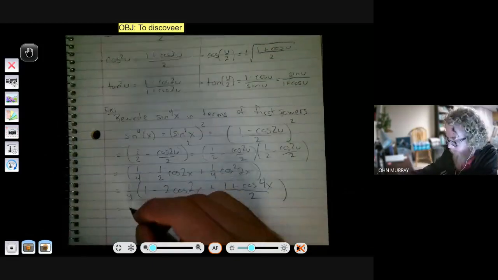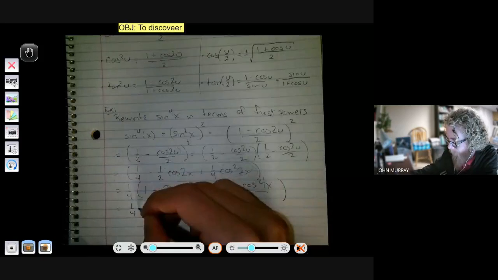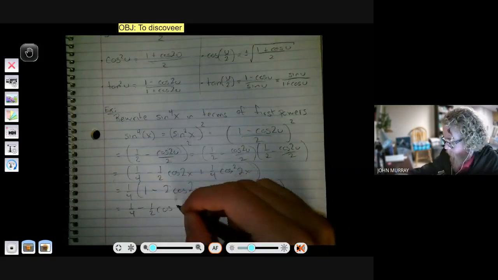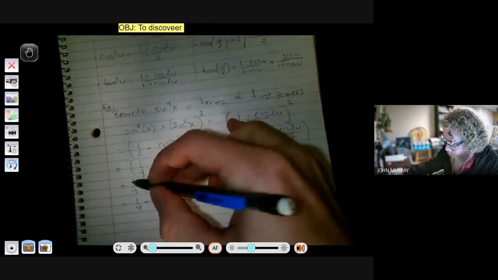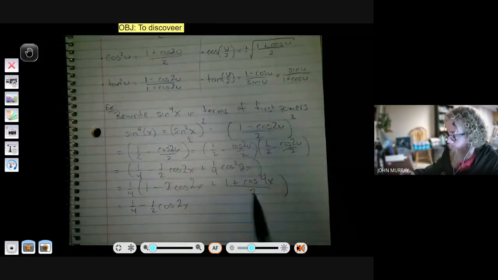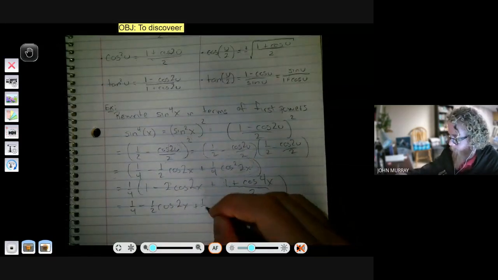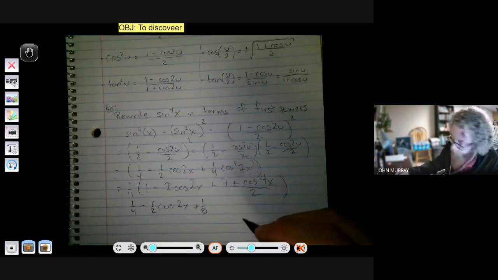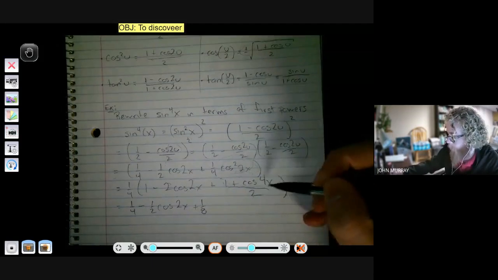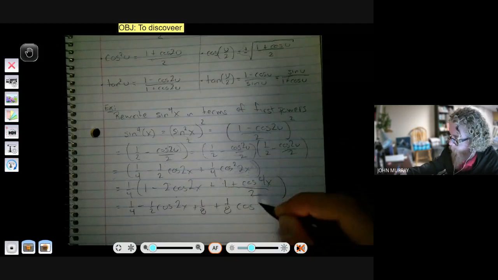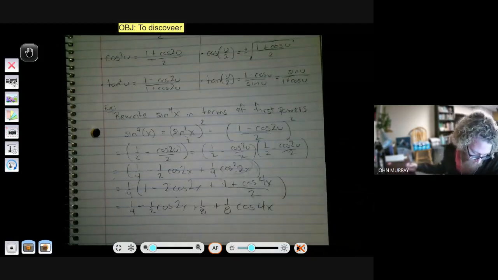So I'm going to have 1/4 again, minus 1/2 cosine of 2x. And then here I can split this up into 1/2. So 1/2 times 1/4 gives me 1/8. And I have cosine of 4x over 2 times 1/4. So that's going to give me 1/8 cosine of 4x.